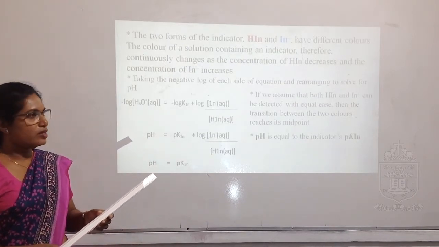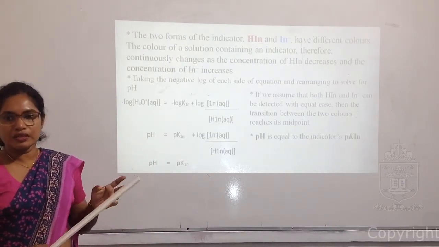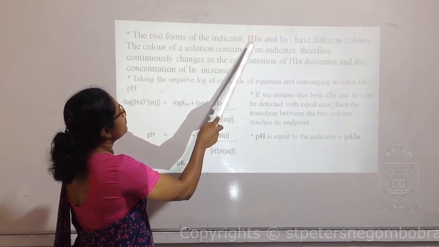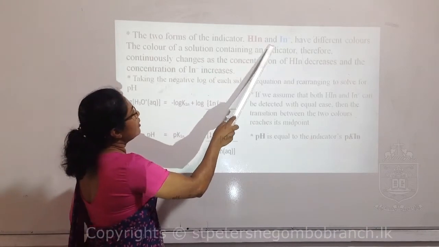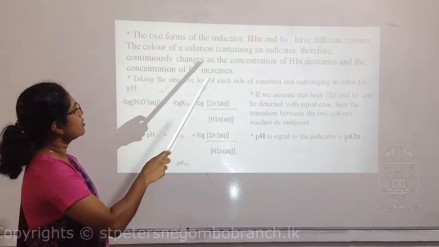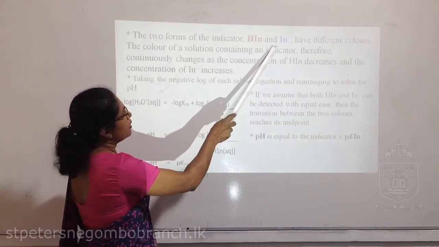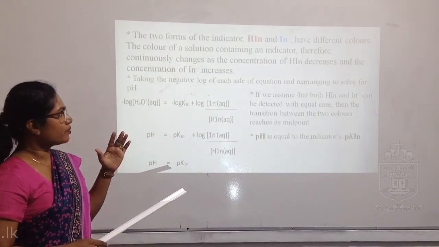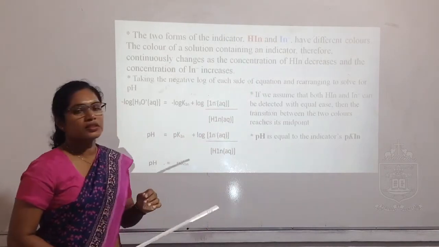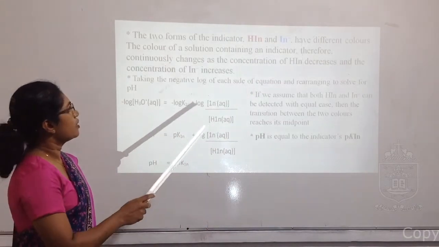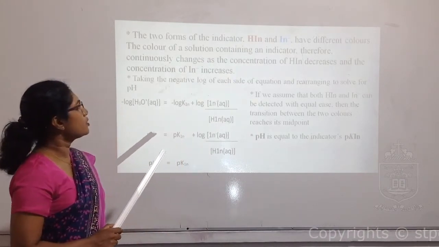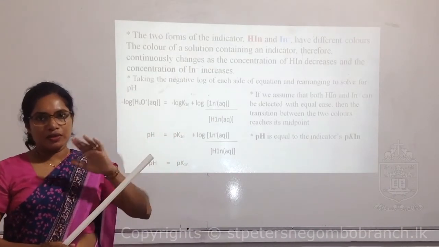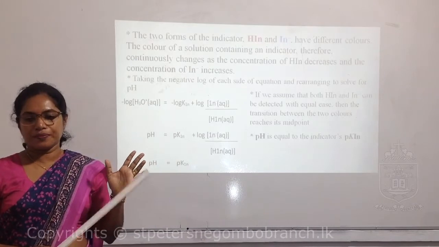And as I told you, indicators contain two forms, HIn and In minus. These two forms have different colors, and the color of the solution changes according to the concentrations of these two forms.